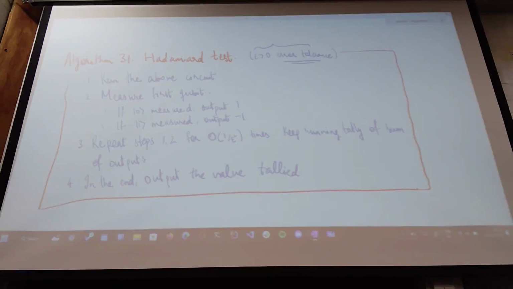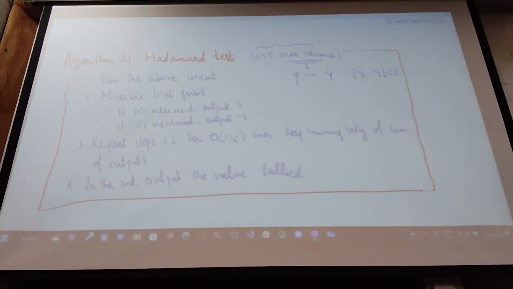And what this means is if the correct answer was, say, some gamma, and the algorithm outputs gamma tilde such that we are not too far away from the correct answer, then we are okay with it.